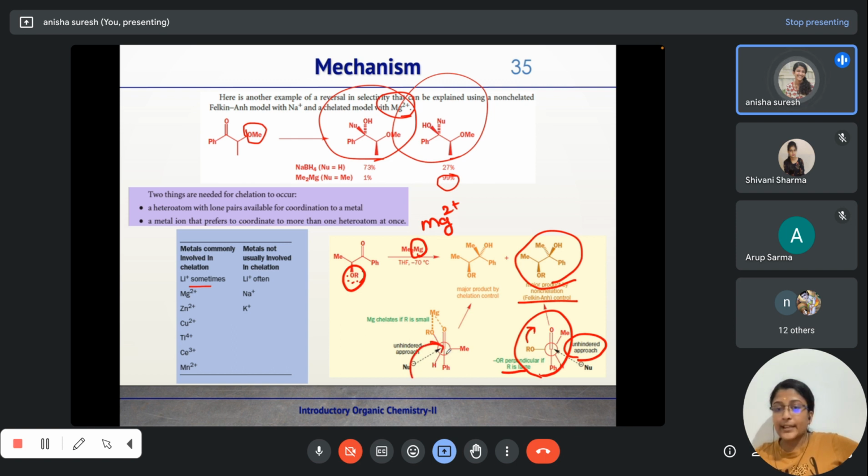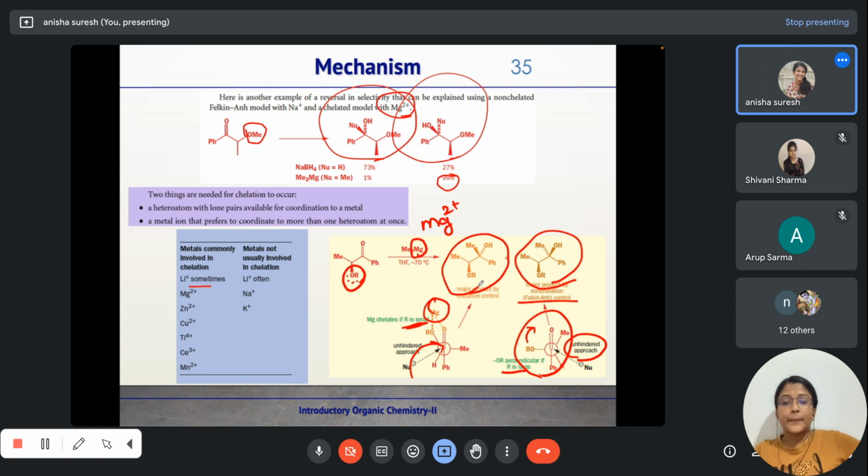So instead of attacking from this space, the nucleophile is now attacking from this side, and this OR and O are chelated by the Mg2+. Here R should be a small group for chelation to occur. So it will result in this major product by chelation control.